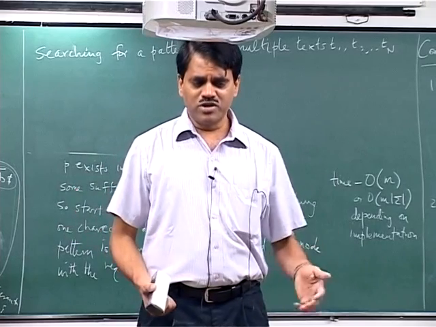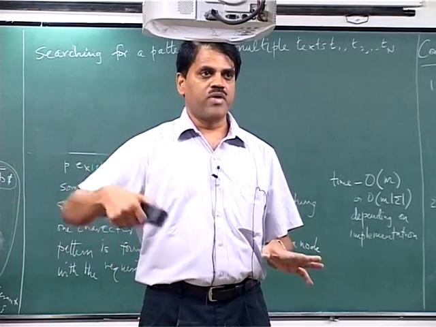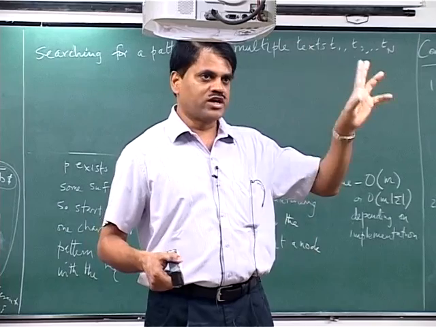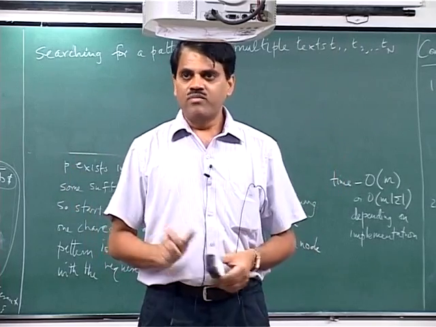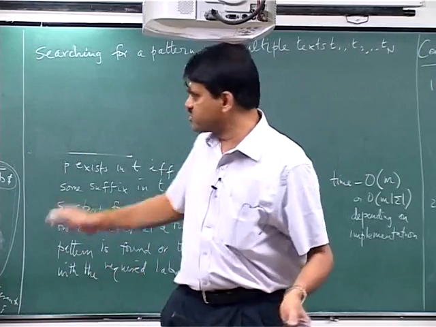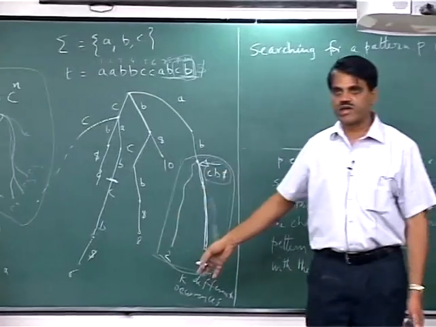You don't bother too much about construction time because that's done only once and you're going to do a lot of pattern matches. It's like the way we constructed an automaton for a pattern and then ran text over it. But construction time is also important. It's not very hard to see that you can construct a suffix tree in n square time.